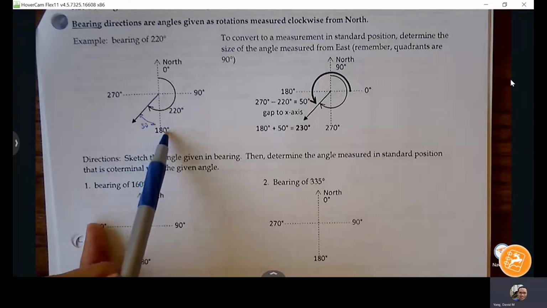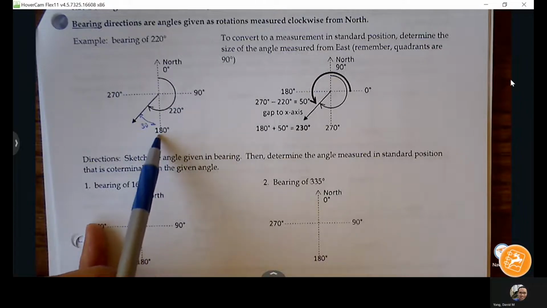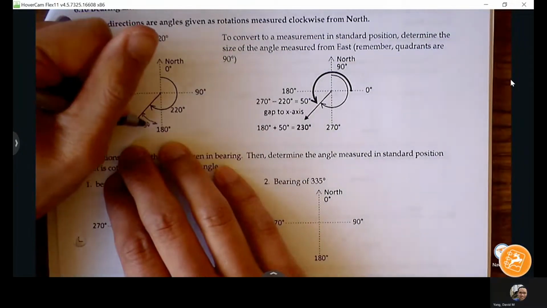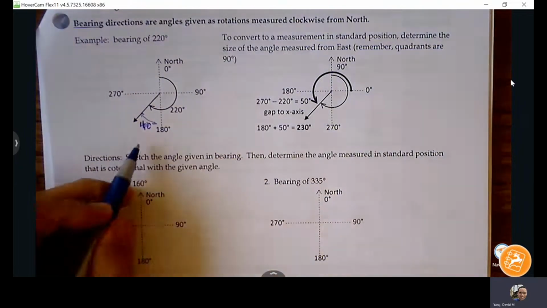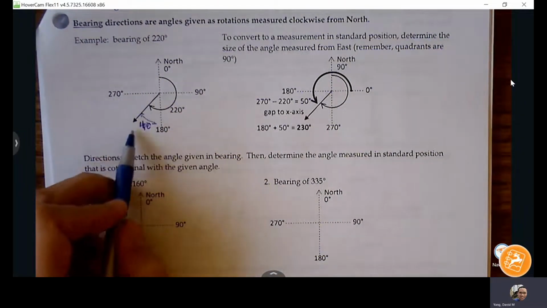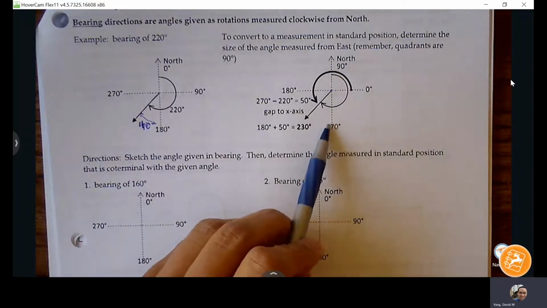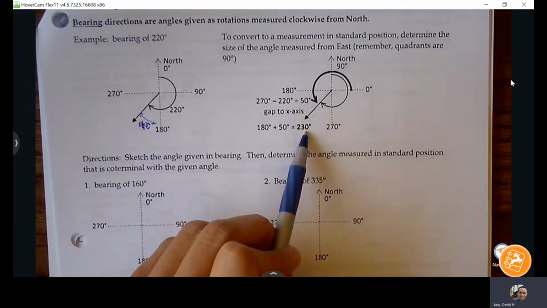This is 270. Between 180 and 220, it's just going to be 40, right? Sorry, 40. And if we know that it is in the third quadrant, 40 degrees from 270, we can do 270 minus 40, which is going to be 230.